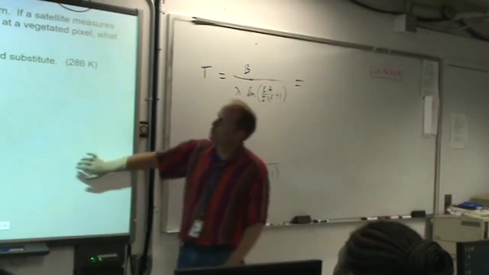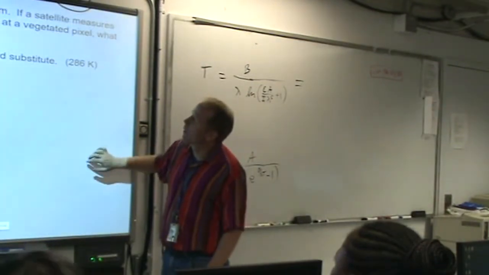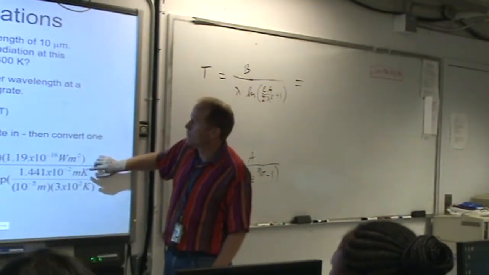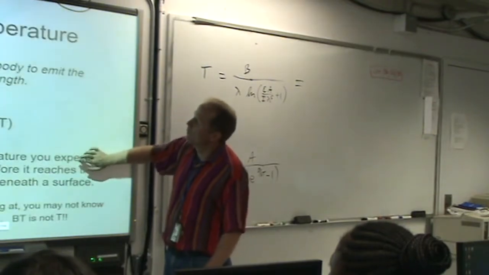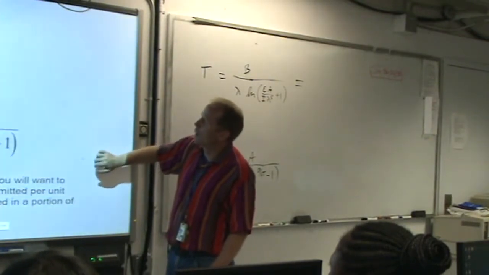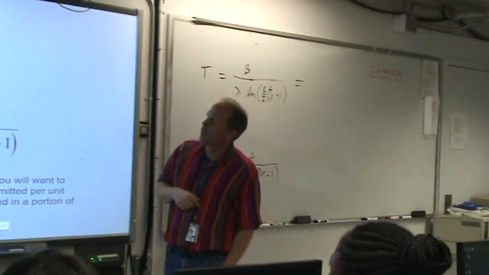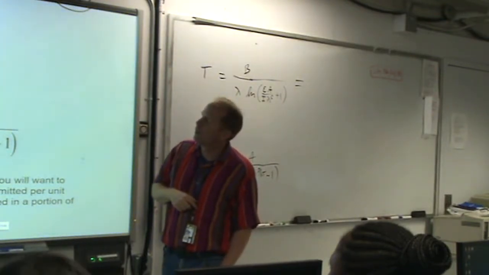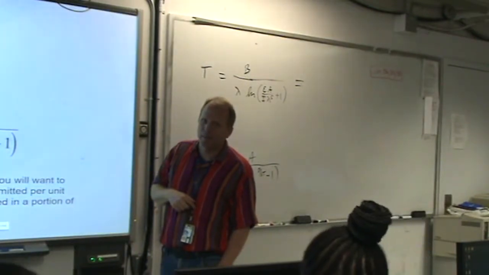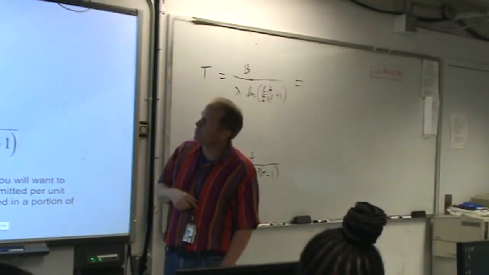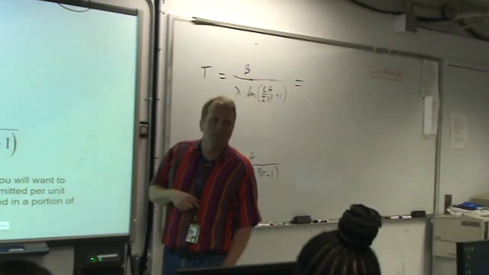The wavelength is 10. So let's go back and see. The constants A and B are constant.